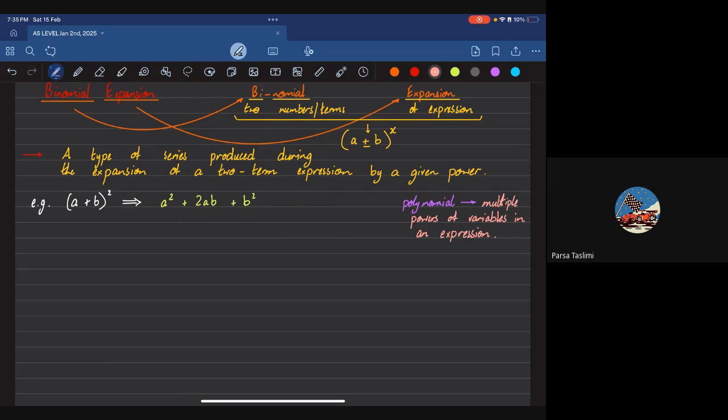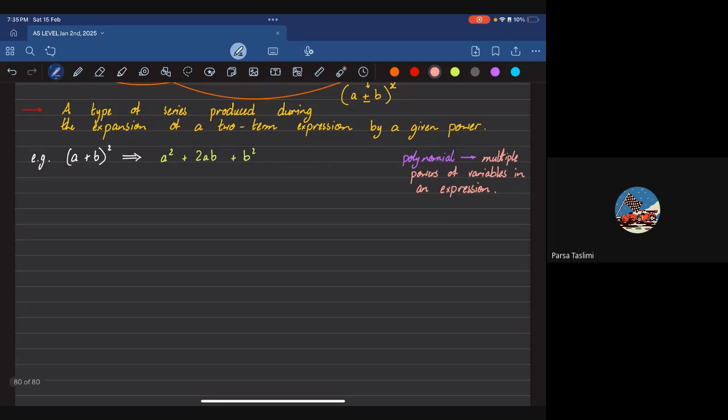Continuing forward, just as I gave you guys an example of this, the usual example that I gave is x plus 1 raised to the power 1. That is going to give me x plus 1.